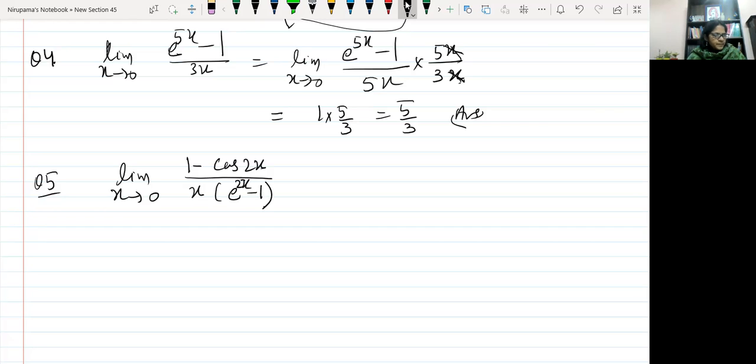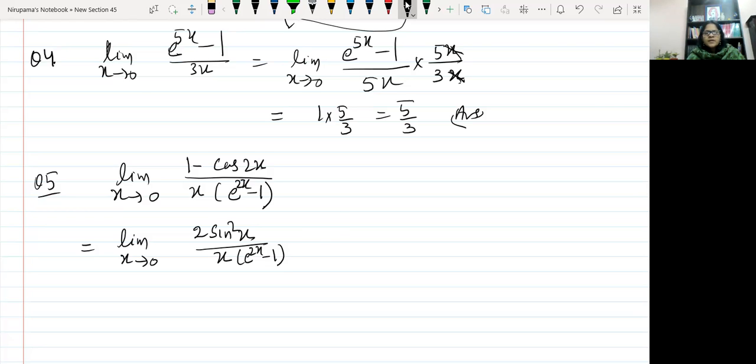If the question is like this, we are getting 0 by 0 here, so we cannot apply the value directly. We know 1 minus cos 2x is 2 sine square x, and here we have e to the power 2x minus 1. So we have exponential and trigonometric, both functions.